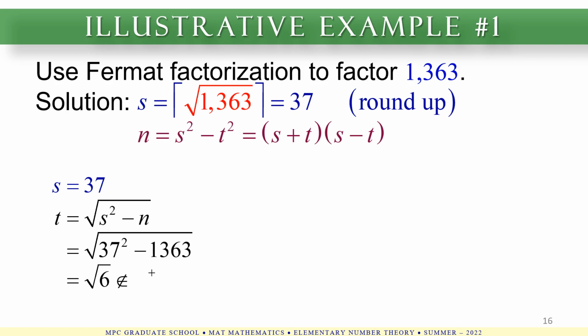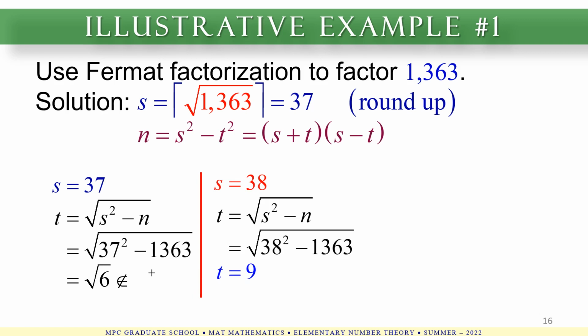So we will have 37 multiplied by 37, which is 1369, minus 1363. It will give us the square root of 6, which is not a perfect square. So we will then move on to the next number, 38, as s.